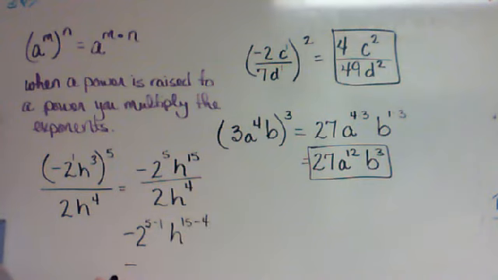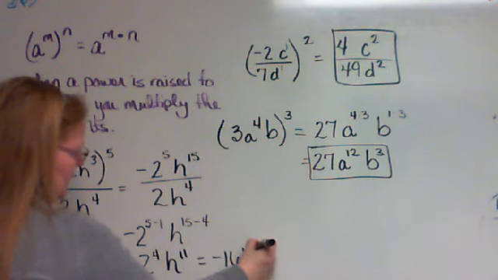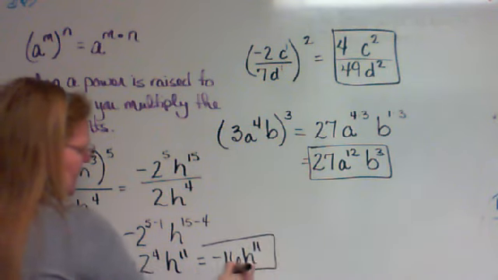So that's negative 2 to the 4th, h to the 11th. And I happen to know that 2 to the 4th is 16. So that's negative 16, h to the 11th.